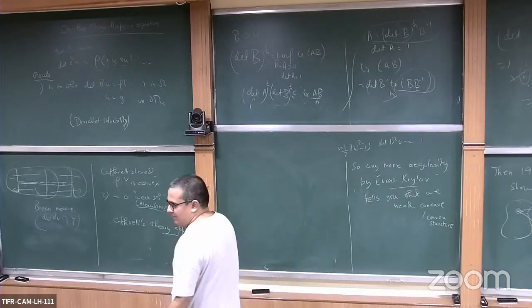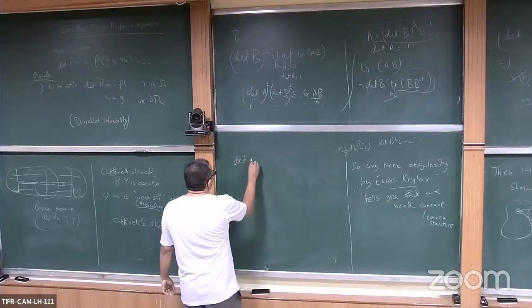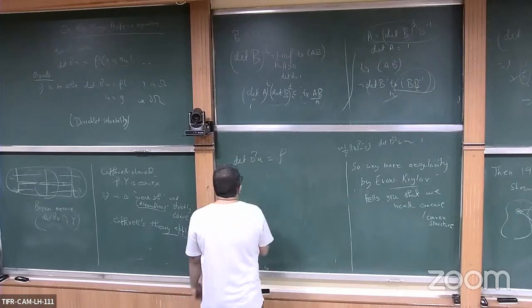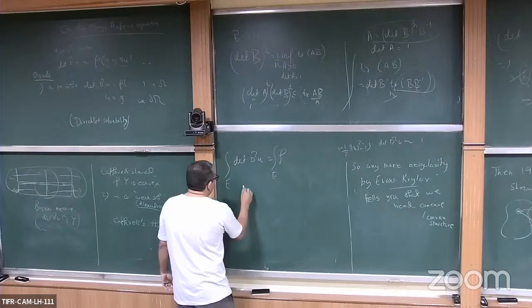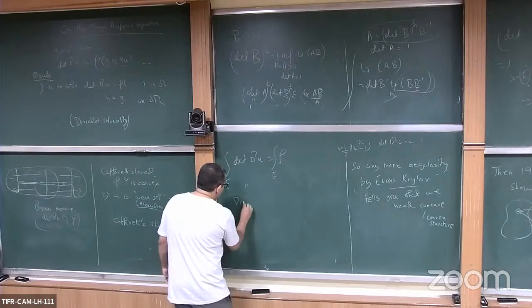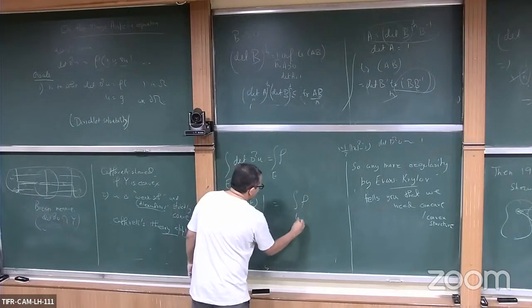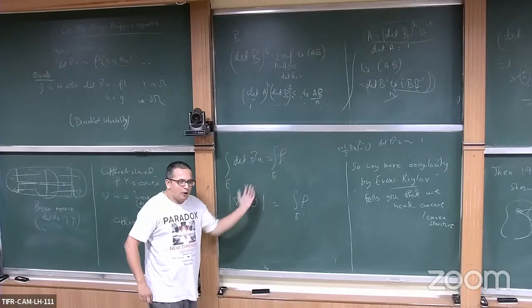So weak solution. Generally, you have to define what is a weak solution. So now let's try to understand the structure. So det of D²u equals f, right? If I integrate this along a set E, and by change of variable, at least in the case when u is C², the measure of the image of the gradient map is equal to the integral of f over E. So now you see, from this to this, I have lost one derivative.